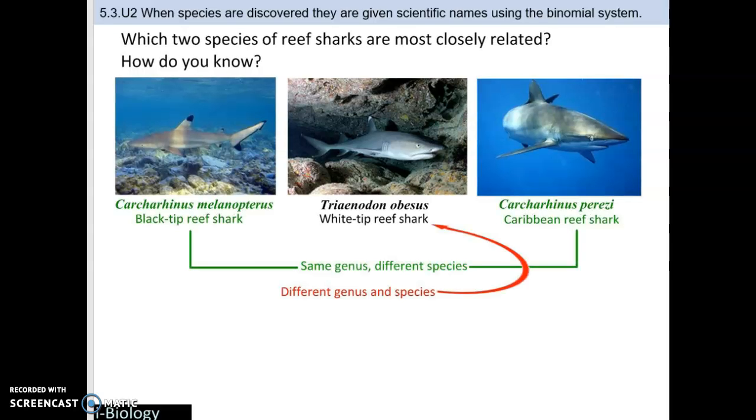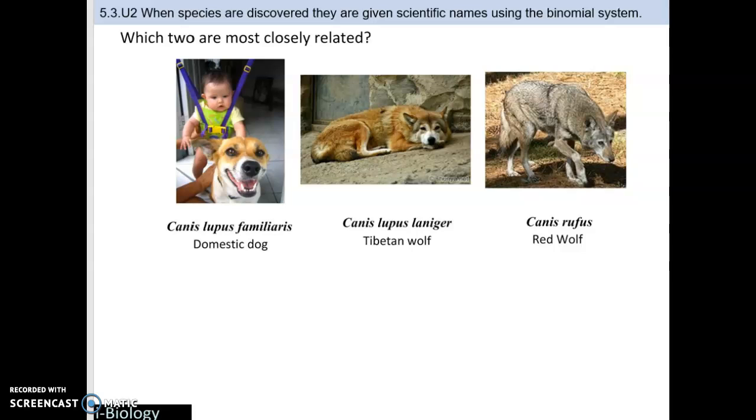If we look here, the question was to know which ones are closely related. You can tell that the one on the left and the one on the right are very closely related, because they've got the same genus but a different species, whereas the one in the middle, the white-tipped reef shark, is a different genus and species altogether. Same for dogs. With this one, you've got a little bit more information.